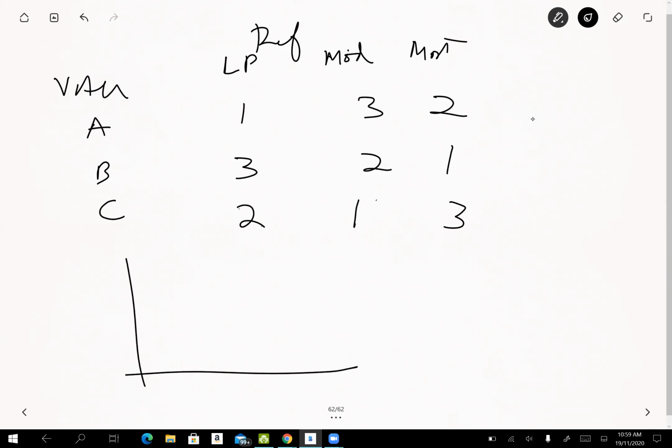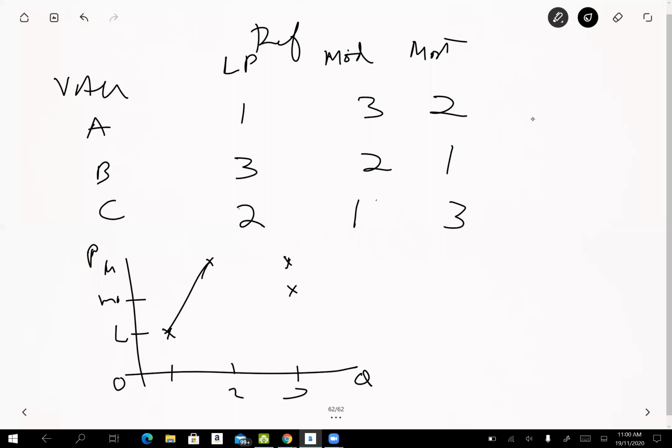So for A, least preferred, moderately preferred, most preferred. For A, least preferred is 1, moderately preferred is 2, most preferred is 3.